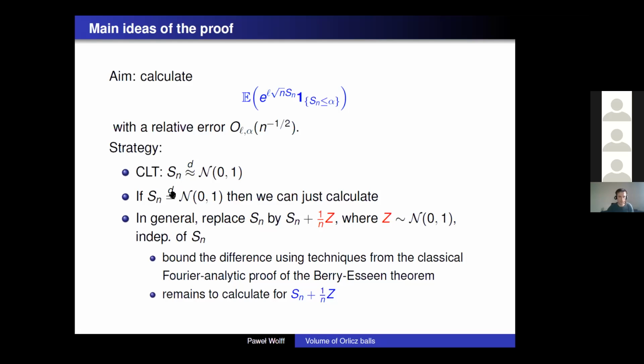So assuming that Sn has exactly the normal distribution, then it's just an exercise. We can just calculate this quantity.